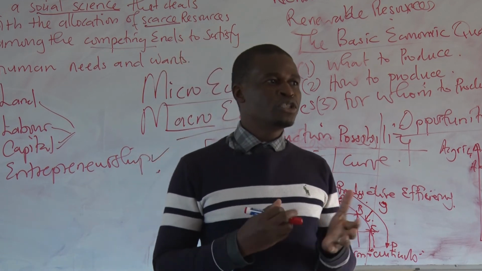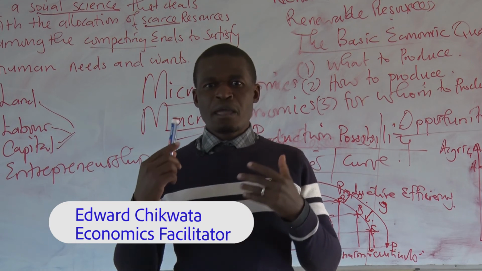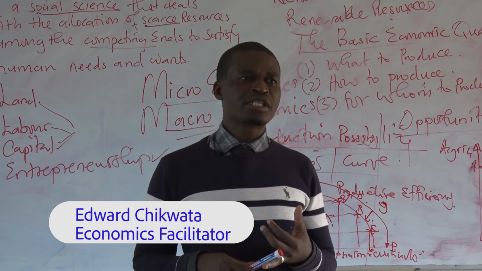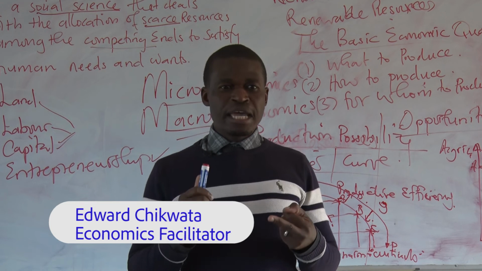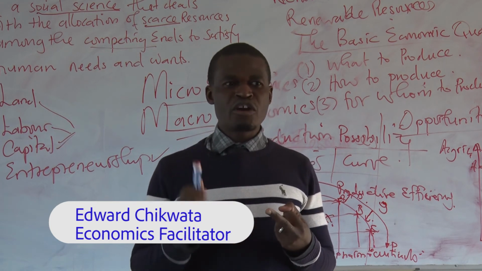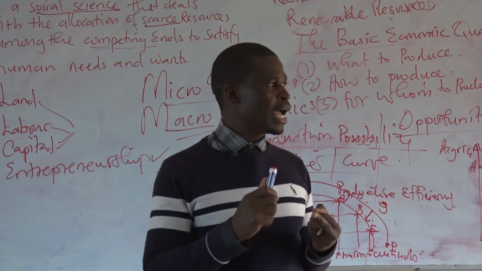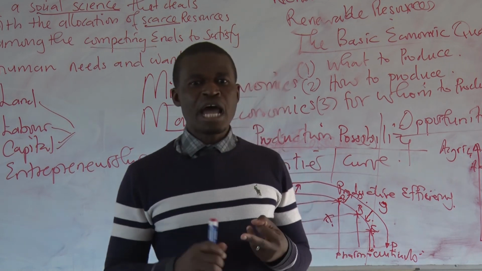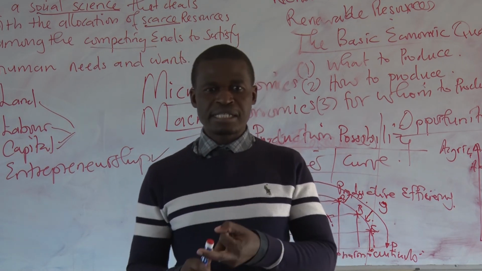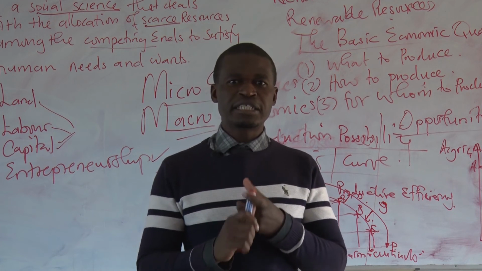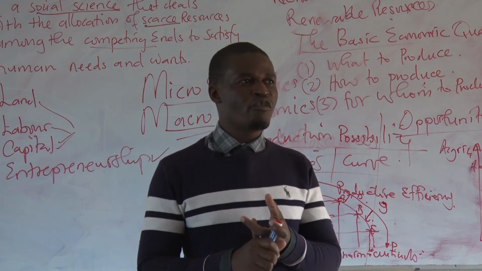And we have also talked about renewable and non-renewable resources, and how the non-renewable resources give rise to scarcity, and how we solve the problem of scarcity and the different choices that nations have to make to improve production.